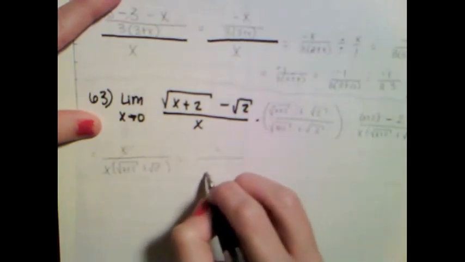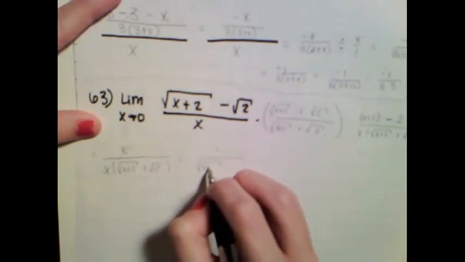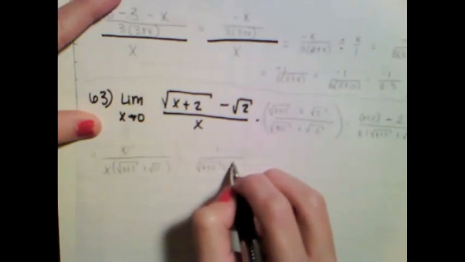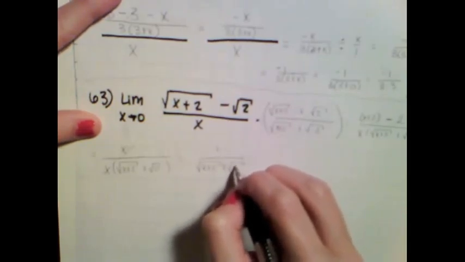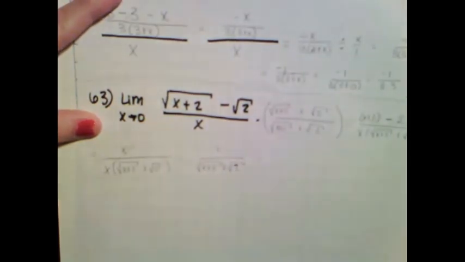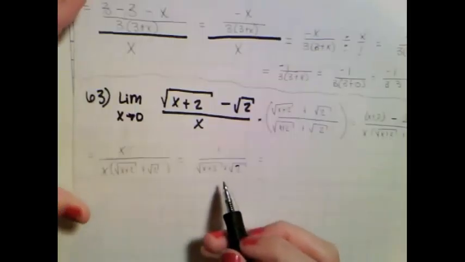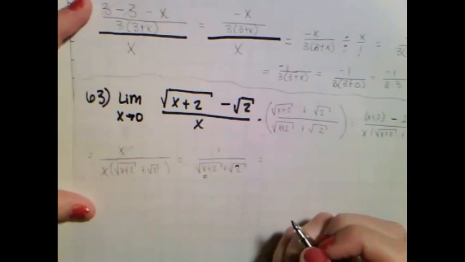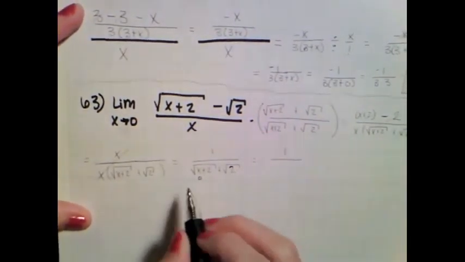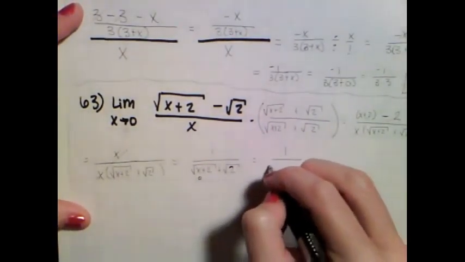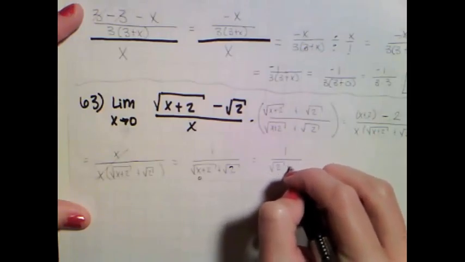I'm left with 1 over square root of x plus 2 plus square root of 2. Now, let's see if we can plug 0 into this. Plug 0 in for x, it's going to be square root of 2 plus square root of 2.